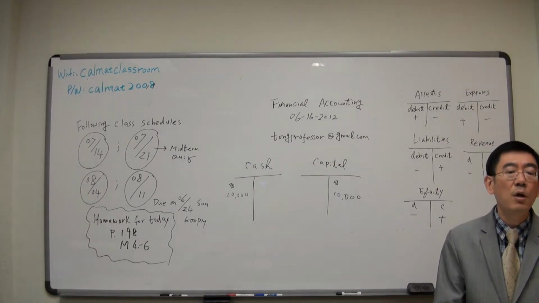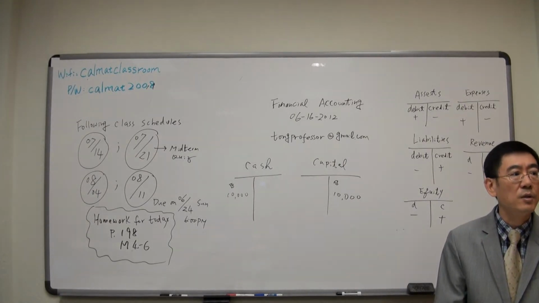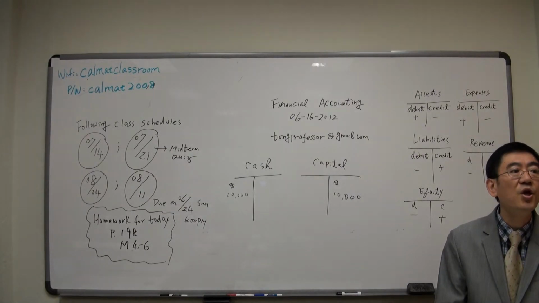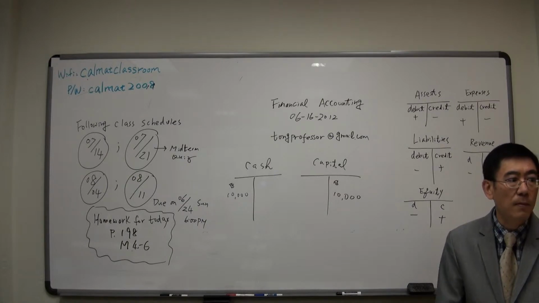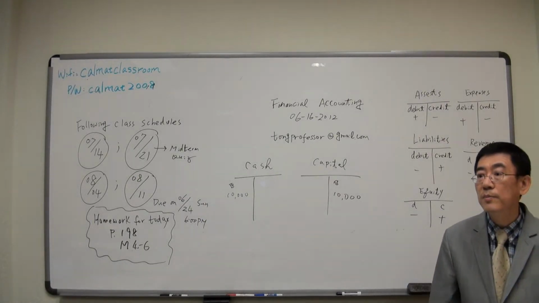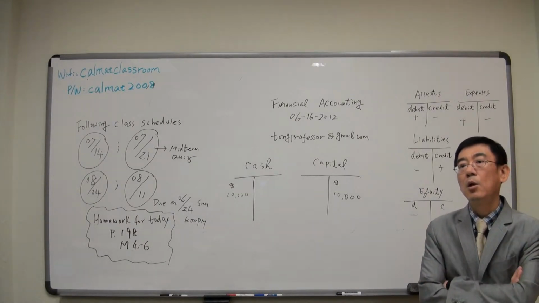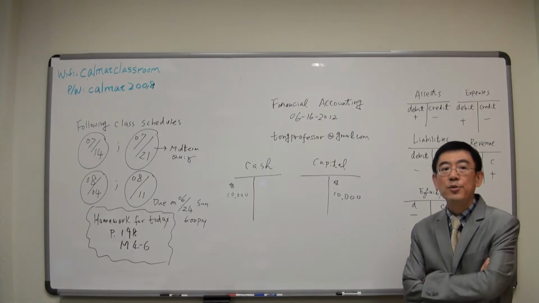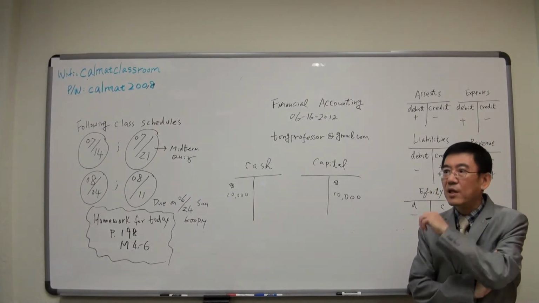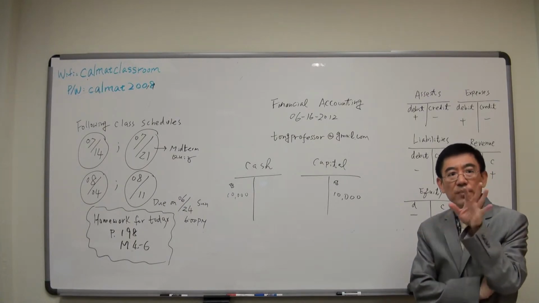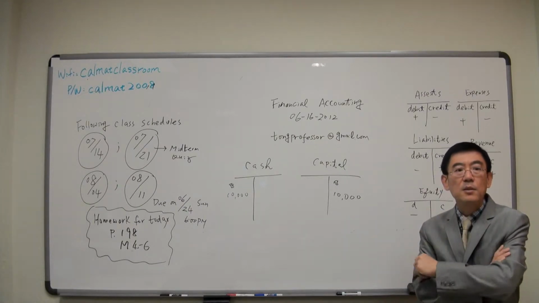The cost is $3,000 and payable in 30 days. Let me repeat this transaction, okay? On a certain day, this corporation orders materials. The cost is $3,000. We just simplify everything, okay? In real life, it could be very, very complicated. We just try to simplify, just give you the sense.